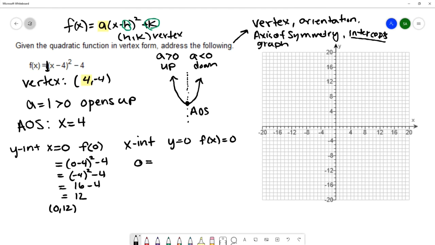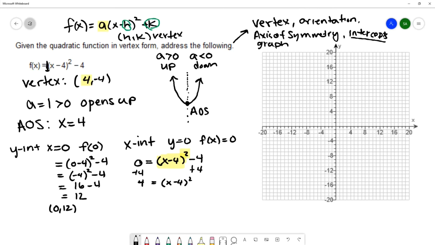When I do that, I have the equation 0 equals x minus 4 squared minus 4. And I'm going to solve this equation using the square root method. I'm going to isolate this square and everything that square is attached to. So I'm going to add 4 to both sides to isolate that square.